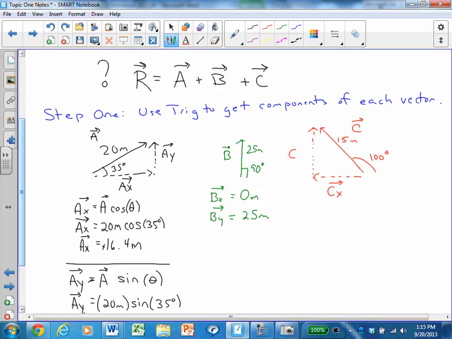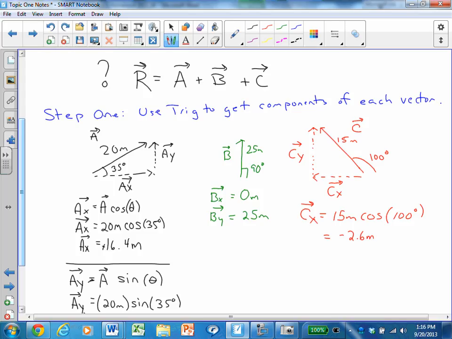So when you put it into your equation, Cx is 15 meters cosine of 100. You get minus 2.6 meters. Okay.